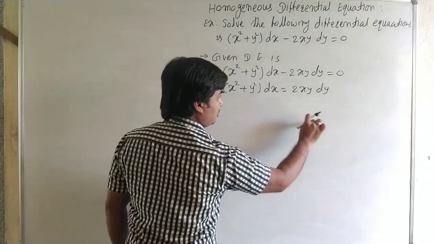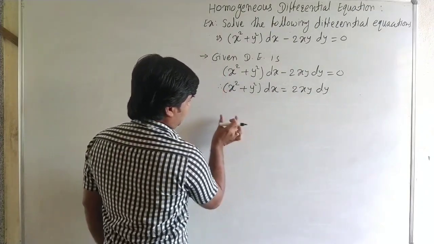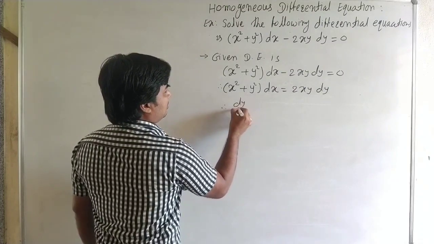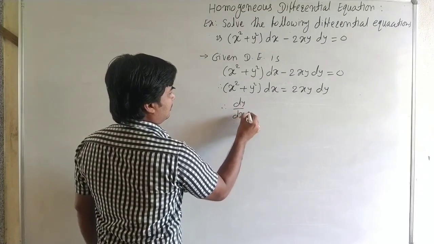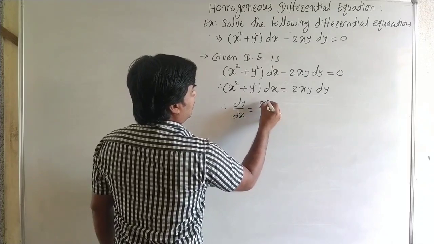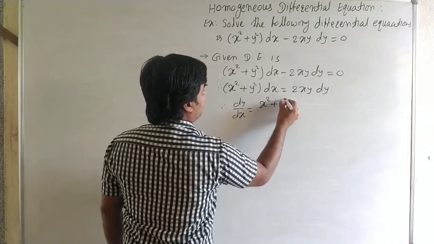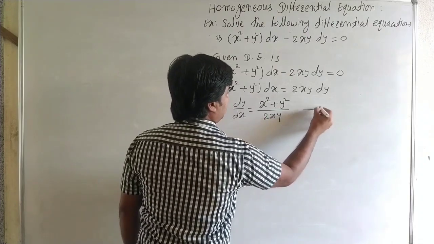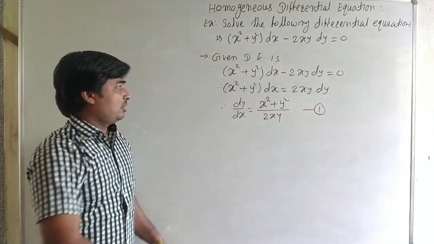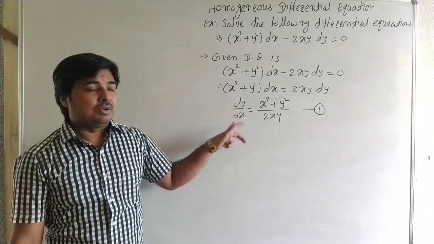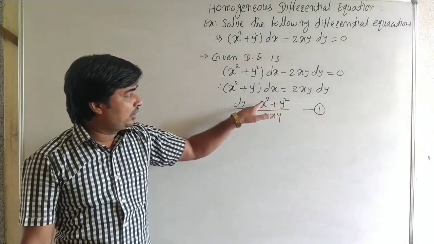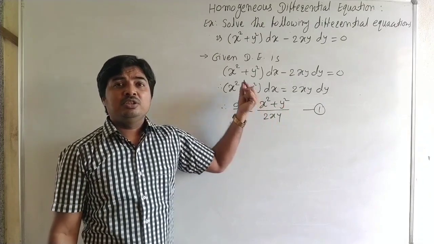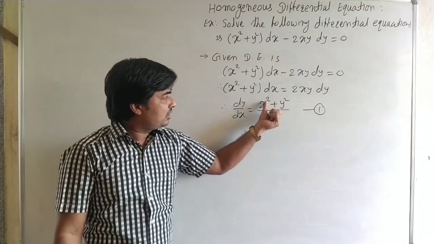We write this equation in the form of dy by dx. So this dx goes here and 2xy goes in the denominator. Therefore, dy by dx is equal to x square plus y square upon 2xy. It is equation number 1. And here it is our homogeneous differential equation. The degree of the function in the numerator, x square plus y square, is 2.